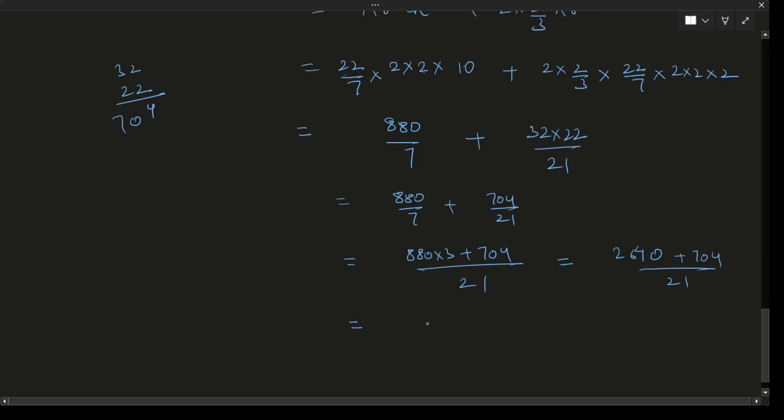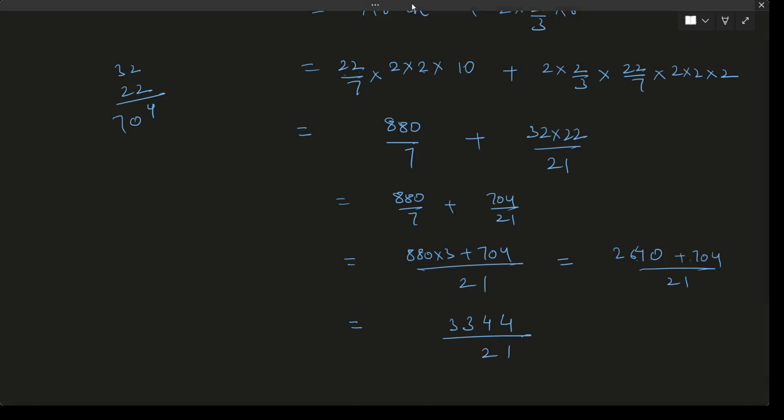So when I solve it, what will I get? 2640 plus 704 is 3344 by 21.